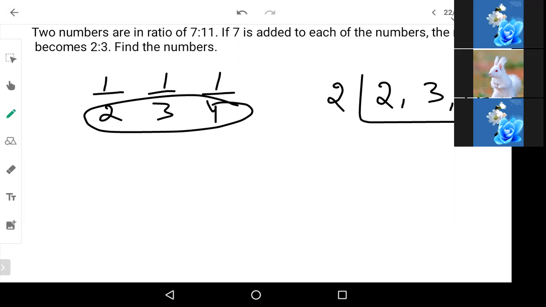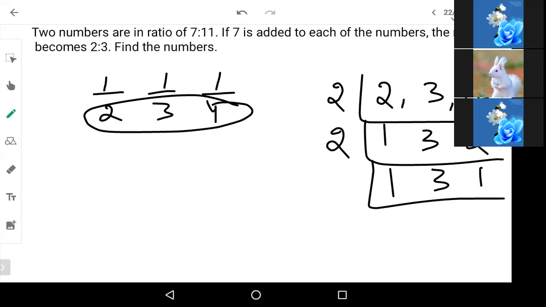2 ones are 2. Okay. I cannot do anything with 3, right? So I'll keep 3 as it is. 2 twos are 4. Fine. Now next, 2 ones are 2. 3 and 1 will remain as it is. 3 ones are 3. 1 will remain as it is.